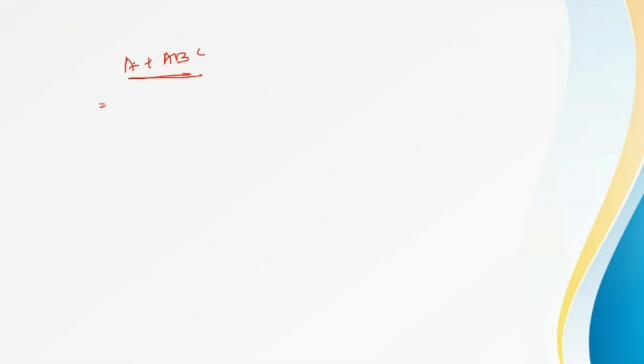I have taken one, right? So for A, I'll take A into 1. I'll add one by one because here B and C both are missing. So what we can do: A into (C plus C bar), A into (B plus B bar).